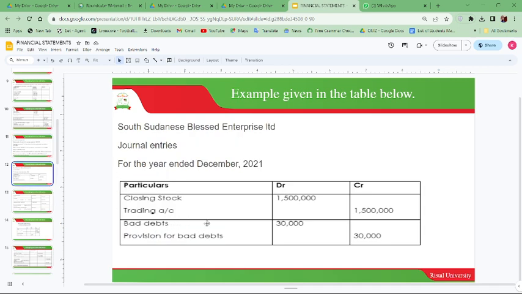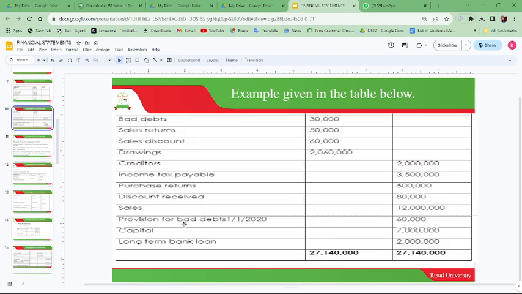Here we have the bad debts, which when you calculate you get 30, and then the provision for bad debts we have 30. So when you total up, you come to the provision for bad debts, which is 60.